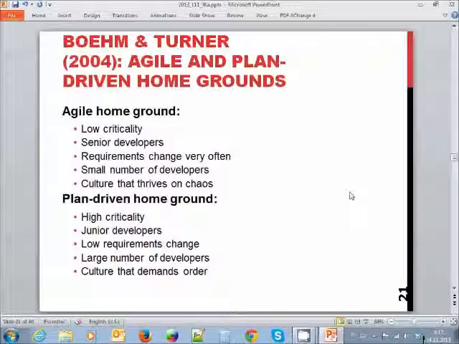Also, what I would personally add to this list of the home ground of Agile methods is that the project is relatively small work, like adding one new feature to software, adding more content to an existing game, for example, or making some changes to software to tailor it for a new customer, basically just changing some logos and possibly adding one new feature.